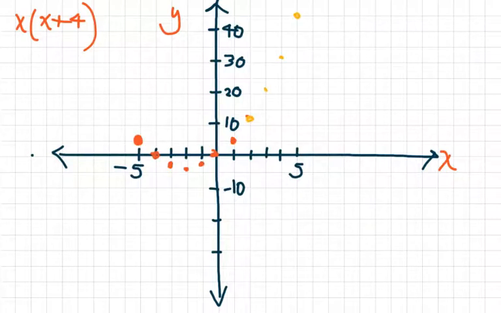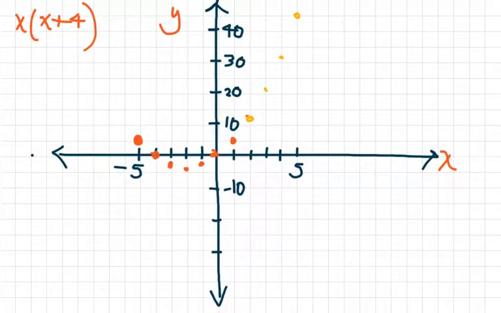As you can see, I did red dots and yellow dots, and I want to explain why I used two different colors. I go from (-5, 5), (-4, 0), (-3, -3), (-2, -4), (-1, -3), (0, 0), and (1, 5).